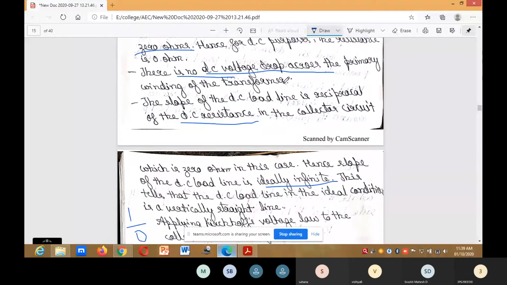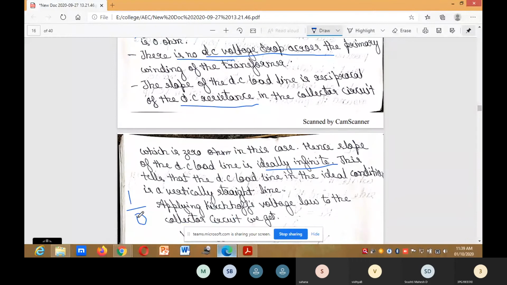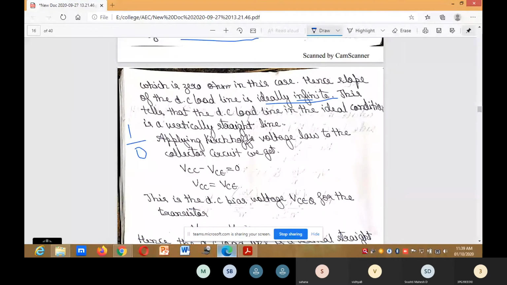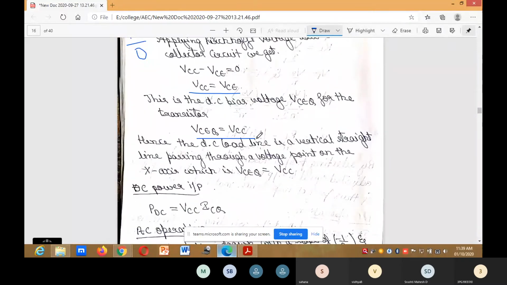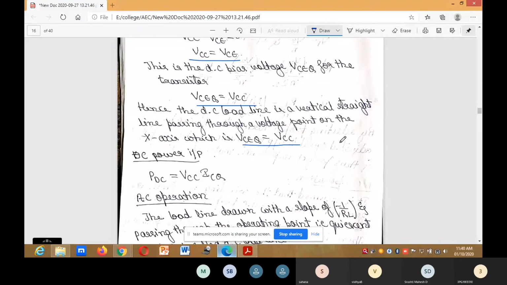The slope is the reciprocal of the DC resistance, that means 1 divided by R, and 1 divided by a resistance value of 0 gives infinite slope. Applying Kirchhoff's voltage law to the collector circuit, we get VCC minus VCE is equal to 0, so VCC is equal to VCE. This is the DC bias voltage VCEQ for the transistor, VCEQ is equal to VCC. Hence the DC load line is a vertical straight line passing through a point on the x-axis, which is VCEQ equal to VCC.